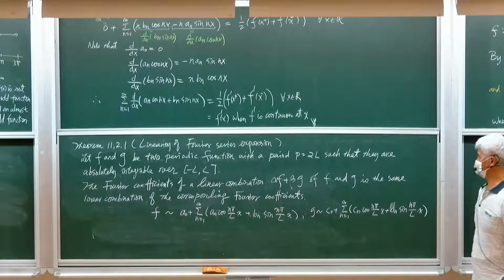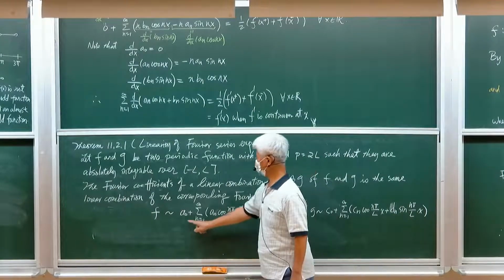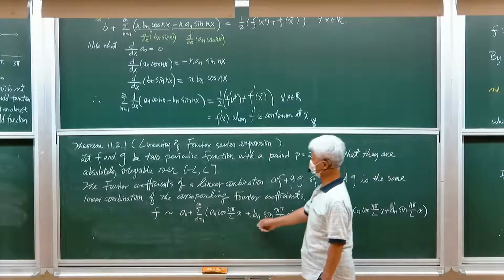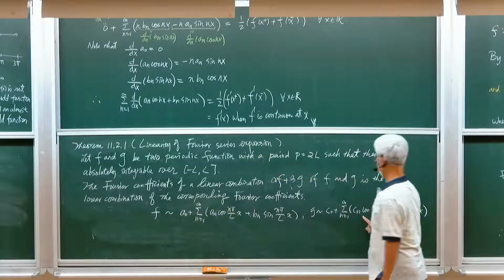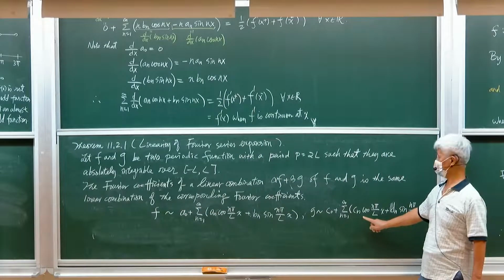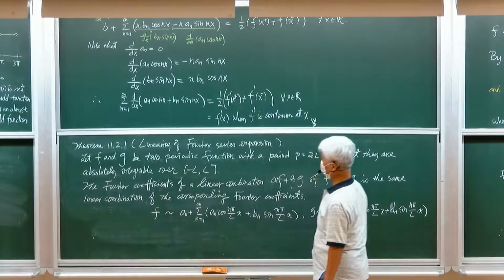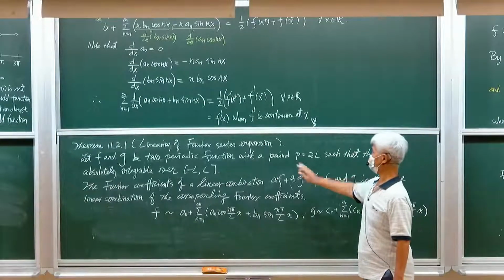This Fourier series is generated by f, and this Fourier series is generated by g, because both of them are absolutely integrable over one period.